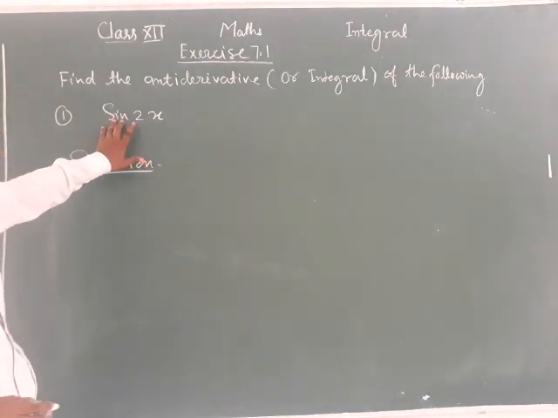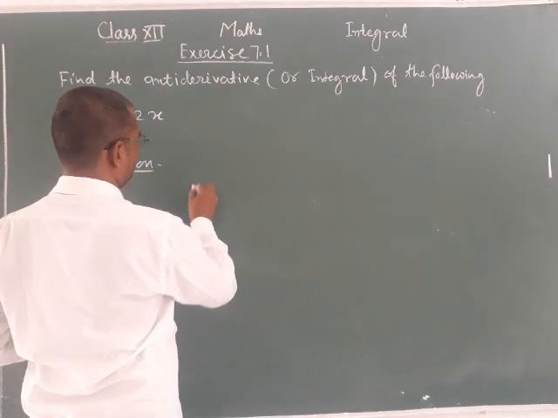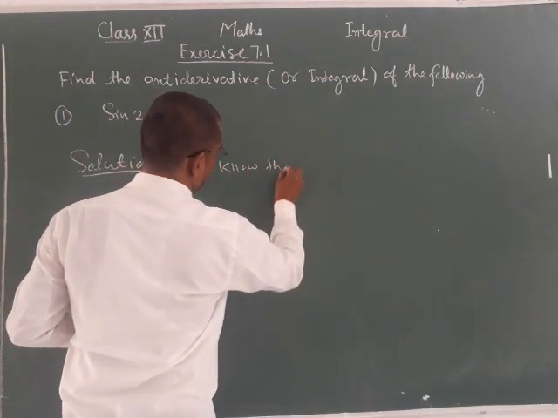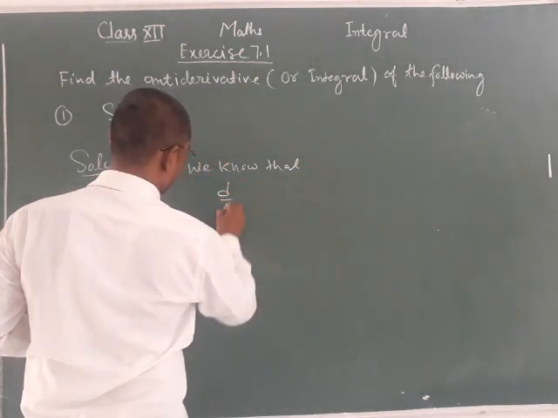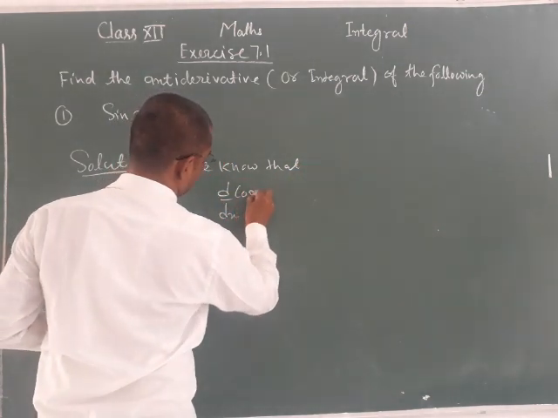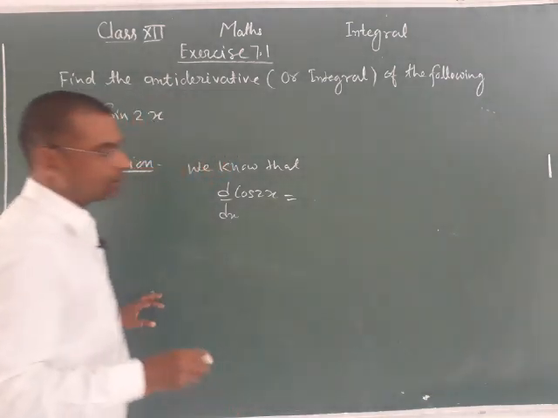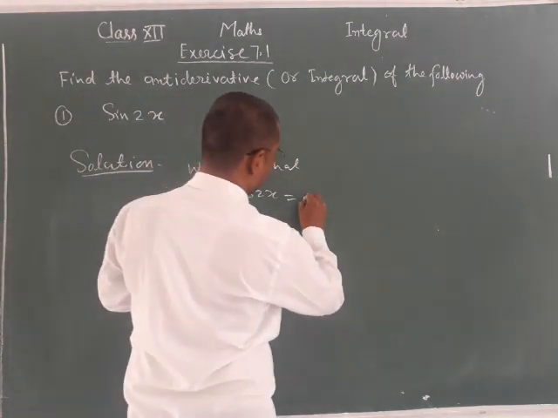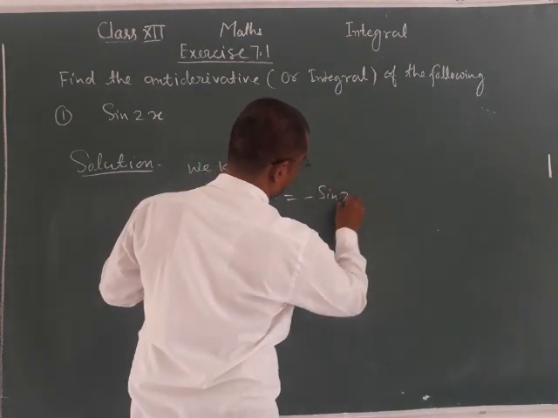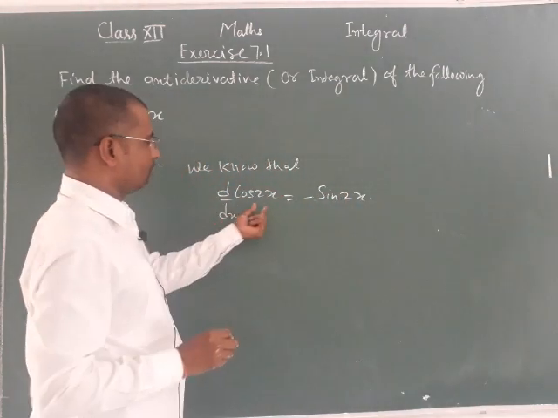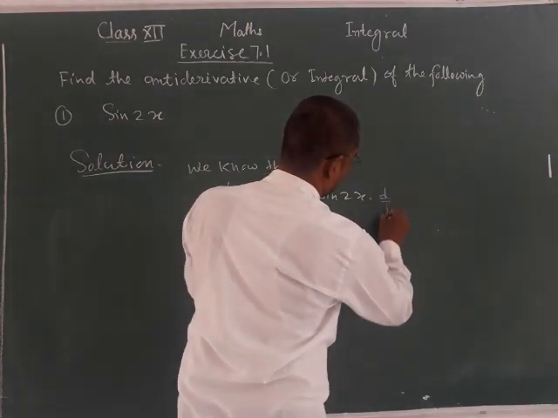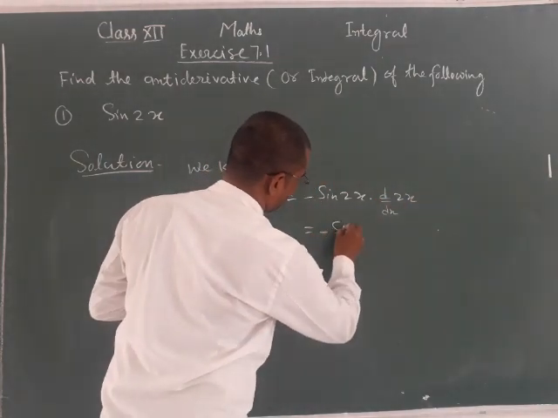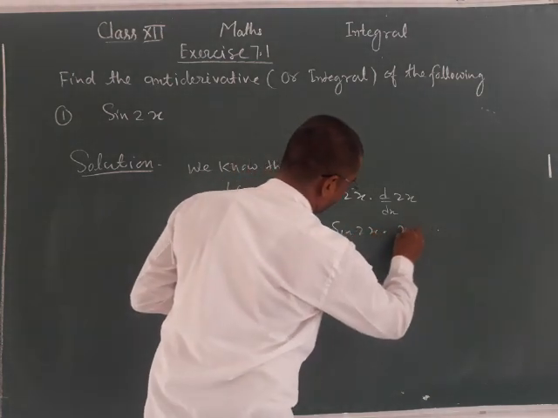So we know that the derivative of cos 2x is equal to minus sine 2x, and also the derivative of 2x is 2, so minus sine 2x into 2.